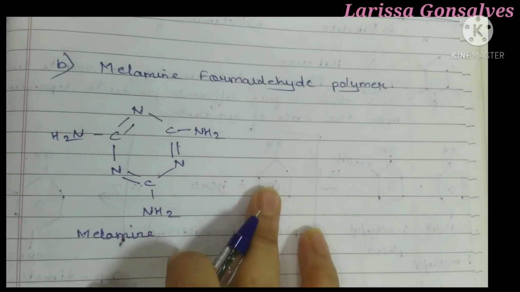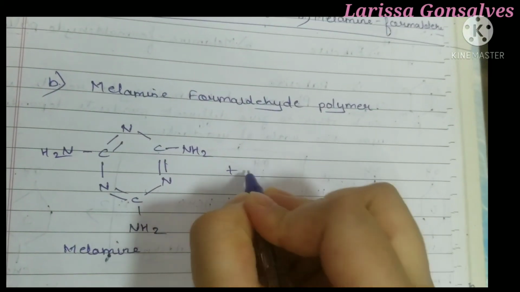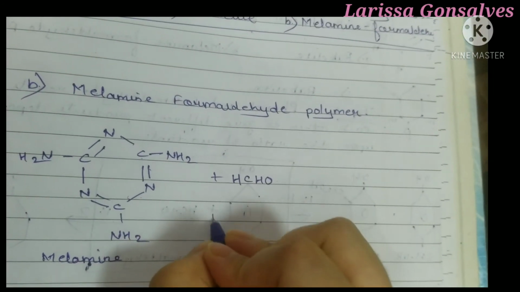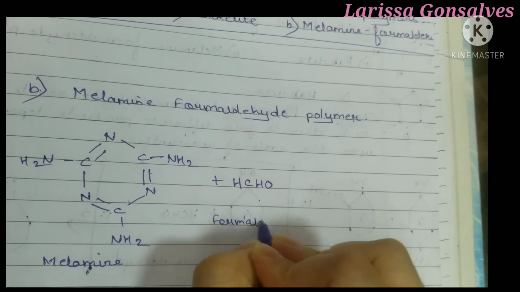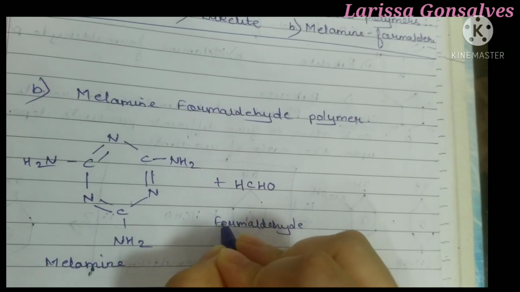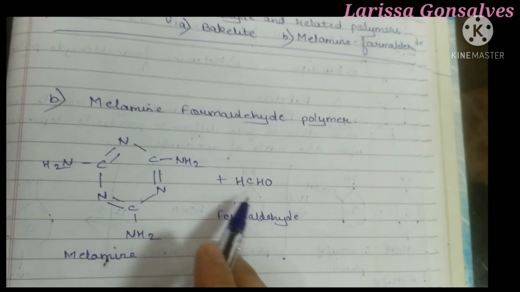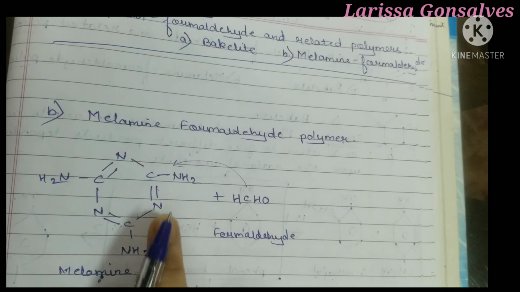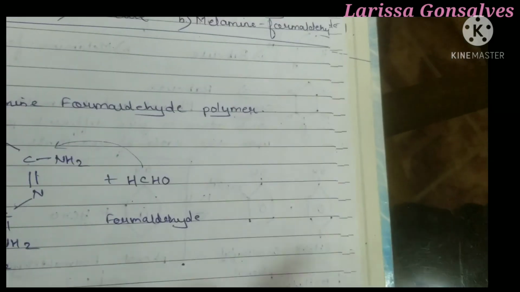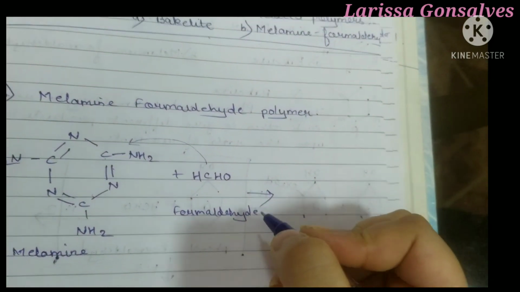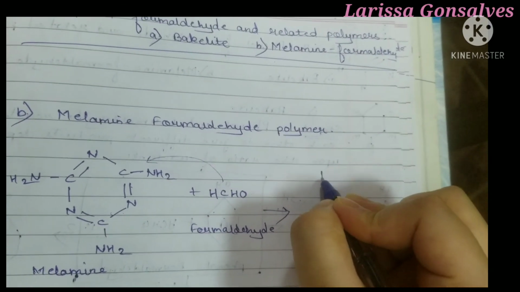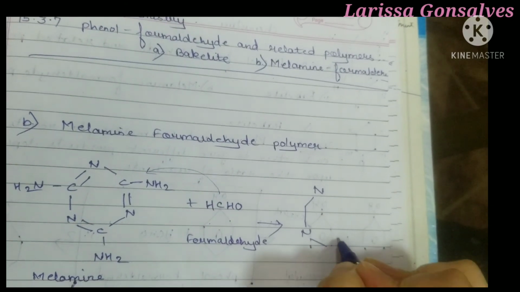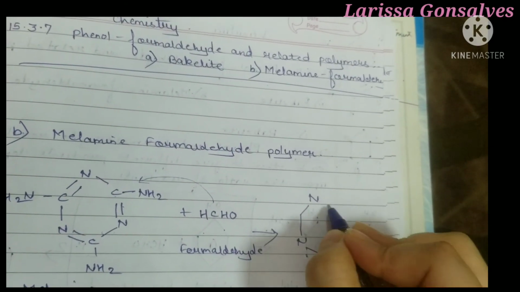and you are going to react it with formaldehyde. Formaldehyde is HCHO. Okay, now this formaldehyde is going to attack this carbon atom here. So what are you going to get? Again draw the structure. N, you have carbon atom. Now I am not writing the carbon atoms there.